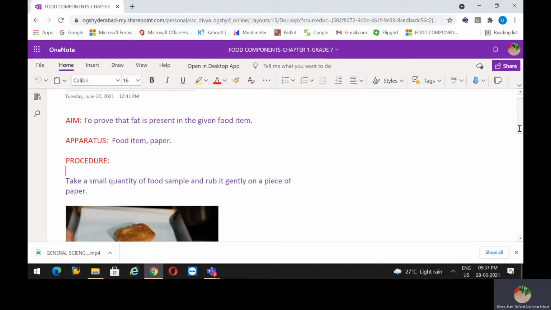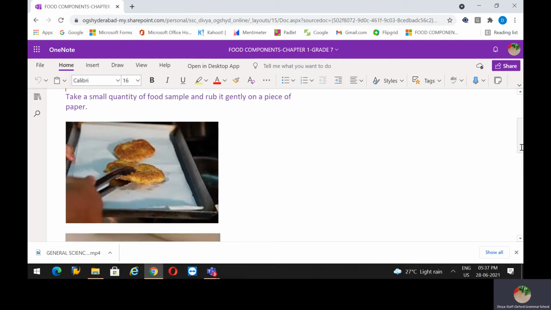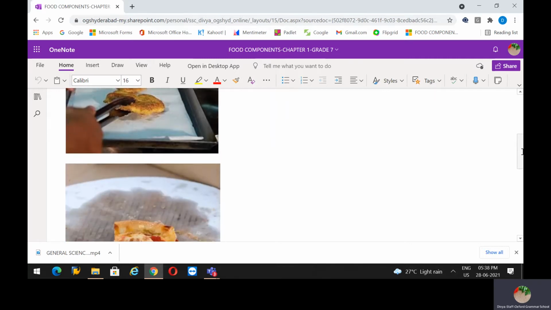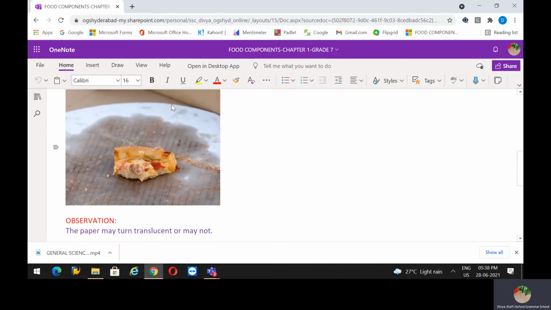Take a small quantity of food sample and rub it gently on a piece of paper. Just recall your past experience when you have eaten vada or any other food item on a paper plate. You might have noticed the paper plate turning translucent, right? See, this is a piece of pizza. The paper plate is turning translucent.